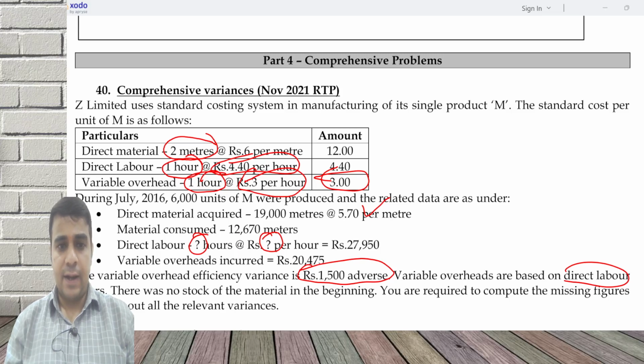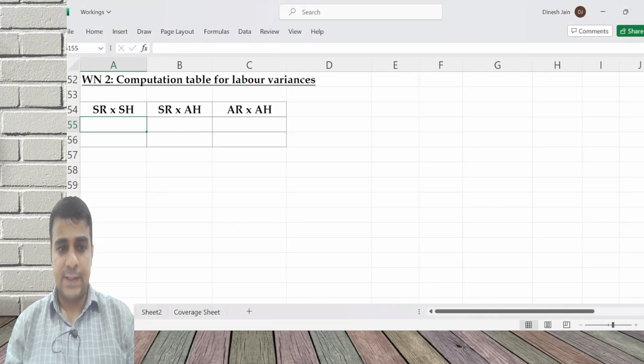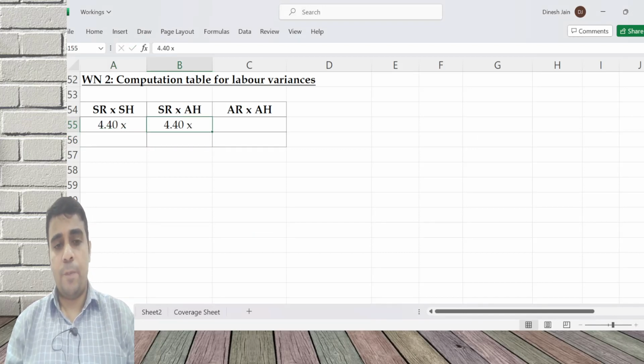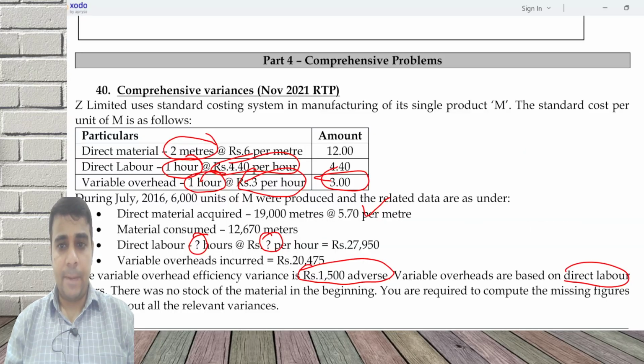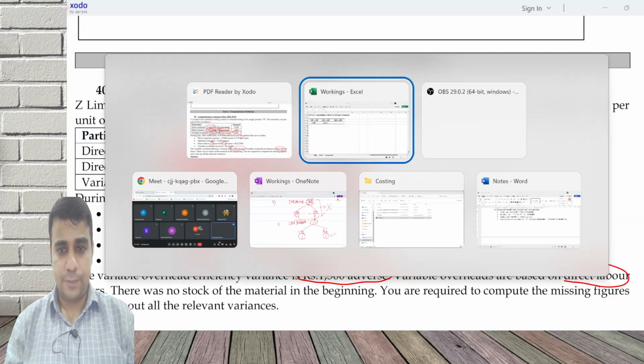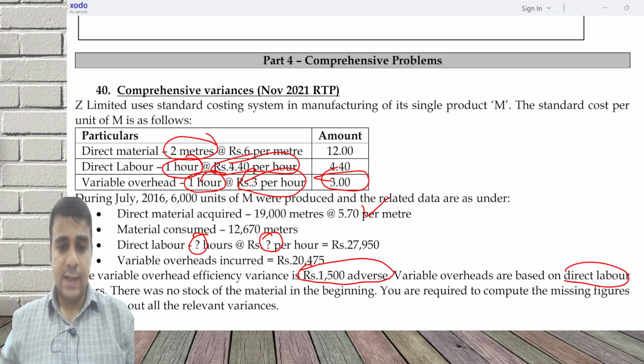Standard rate per hour from that table is 4.40. SR per hour is 4.40.